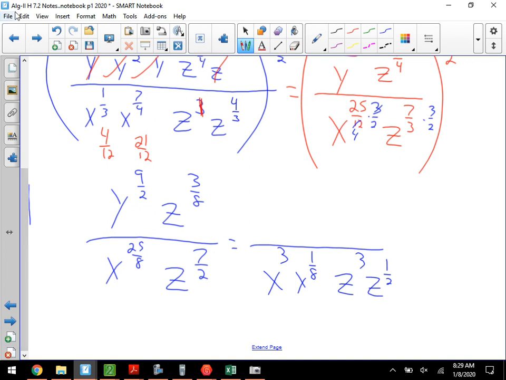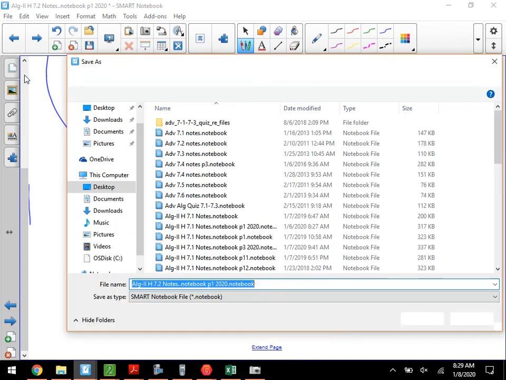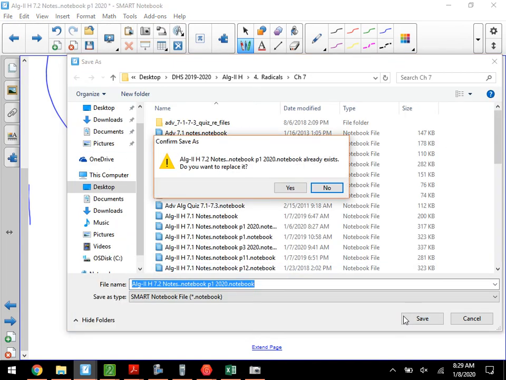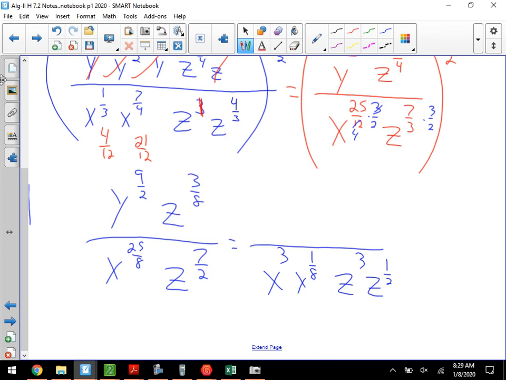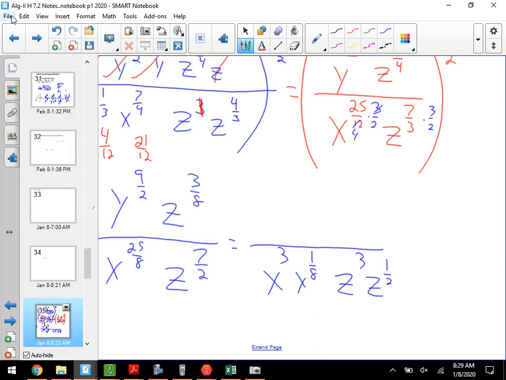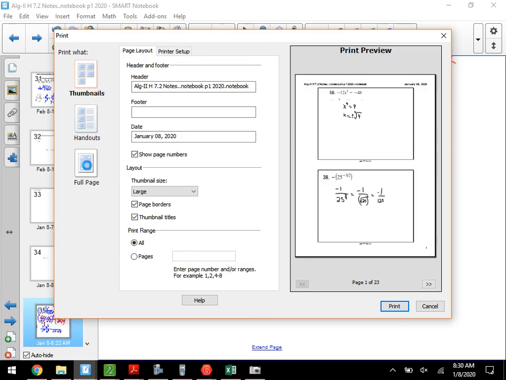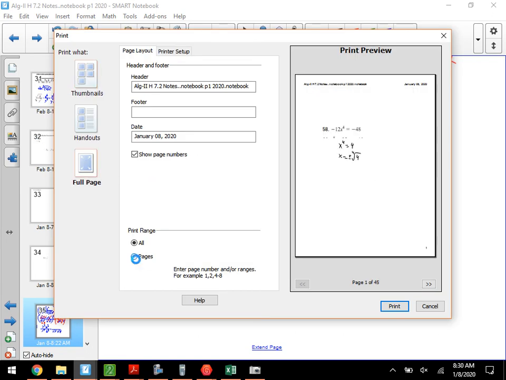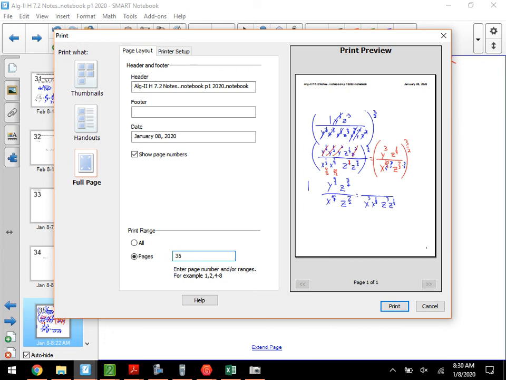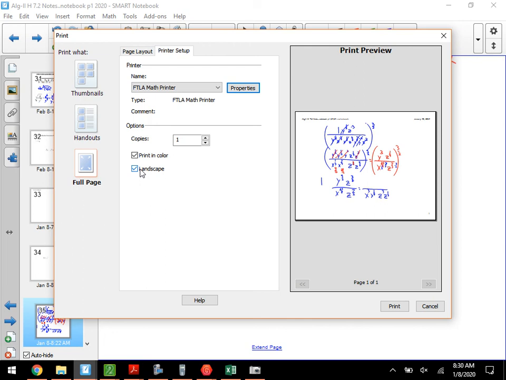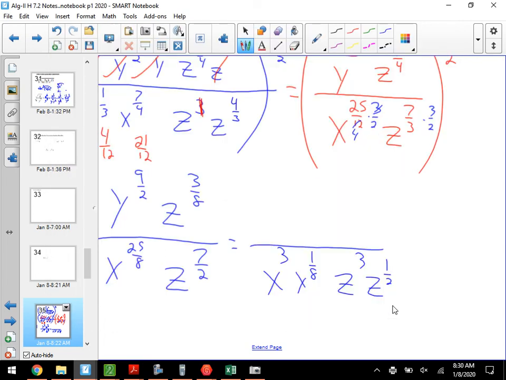Let's finish that. What page is this? There's only 2 more steps, but it's okay.